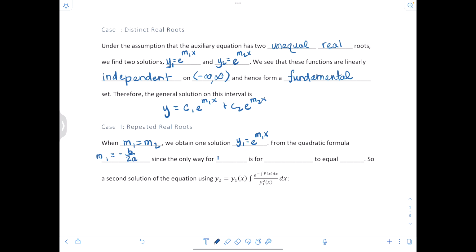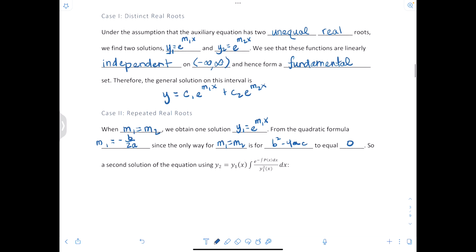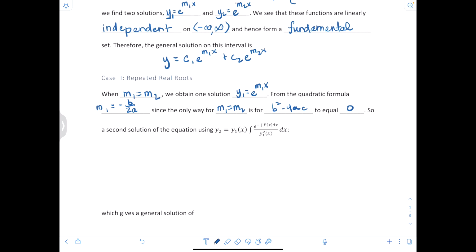Since the only way for m1 to equal m2 is for b squared minus 4ac to equal 0. So a second solution of the equation, using what we learned in a previous section, where instead of going through the whole process, you were given a formula to find a second solution if you were given a first solution. We can find this second solution using this.